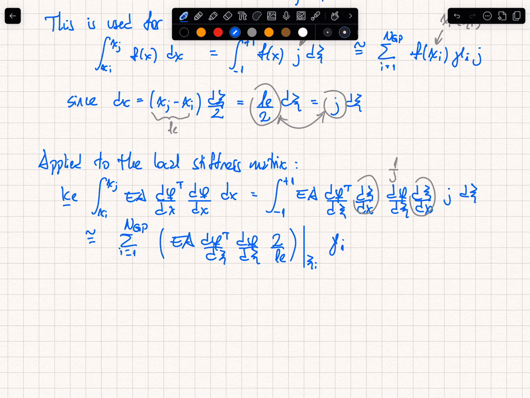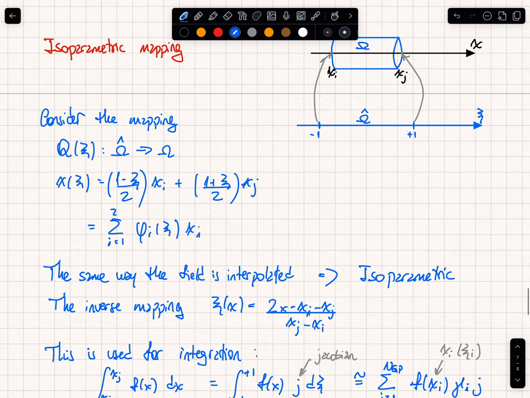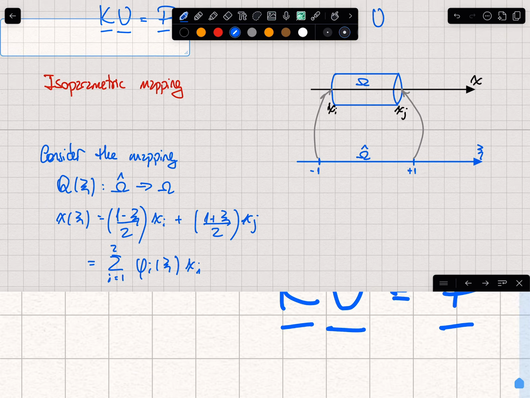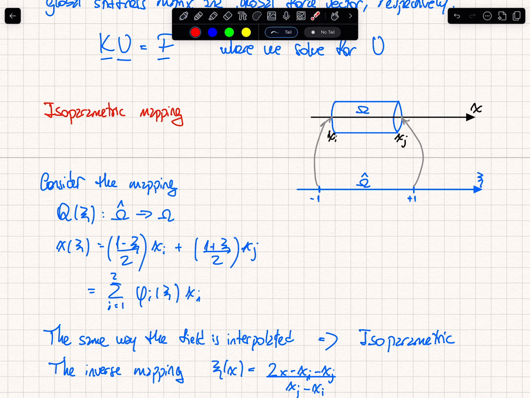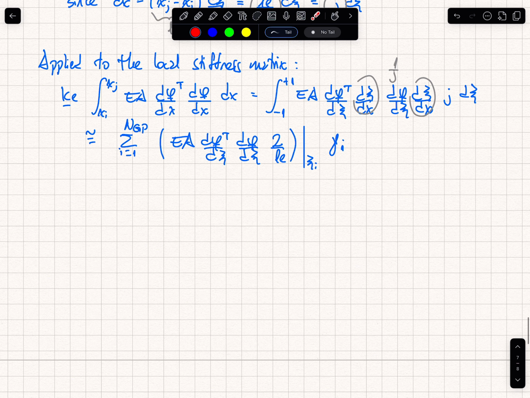And of course, if you do that, in this particular case, if you notice the shape functions that we're using, these here are our shape functions. Well, those are linear, so the derivatives of that are very straightforward. And so if you plug that in, for this particular case, our stiffness matrix is going to be equal to EA divided by LE.